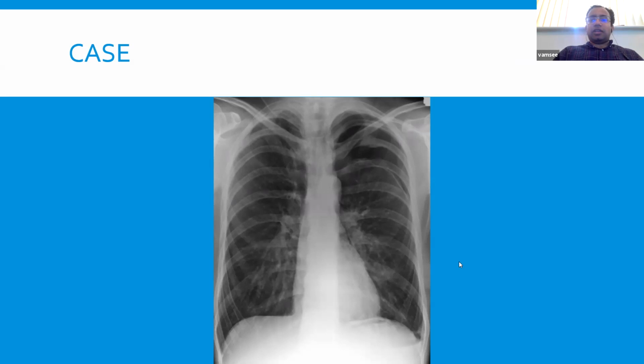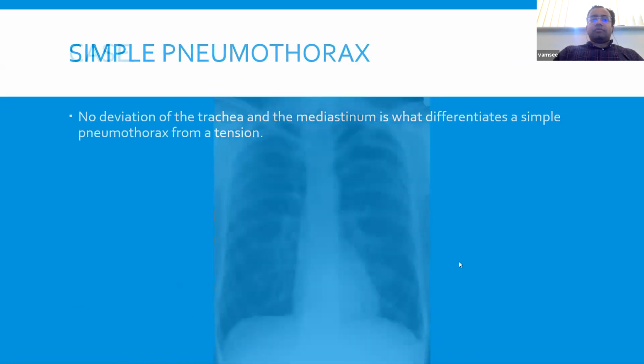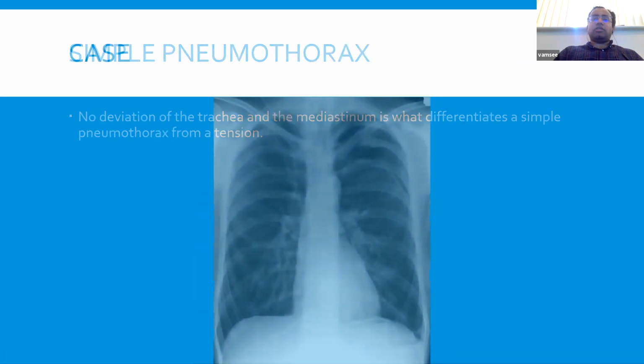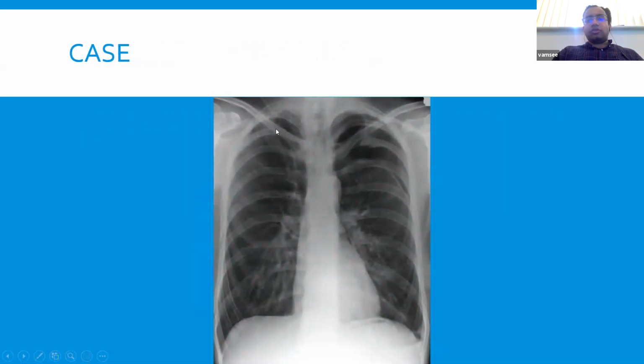So just to highlight that a bit more, it's a simple pneumothorax. No, I thought I highlighted, sorry. So yeah, as you can probably see, the lung markings going all the way along there to the very ends of the pleural fields along there. And you can see, always compare. Comparison is the best sort of tool that you've got. So you've got clear cortical margin going all along there.